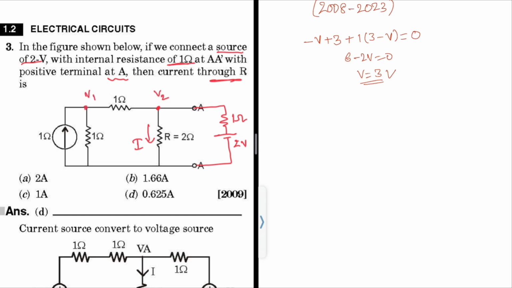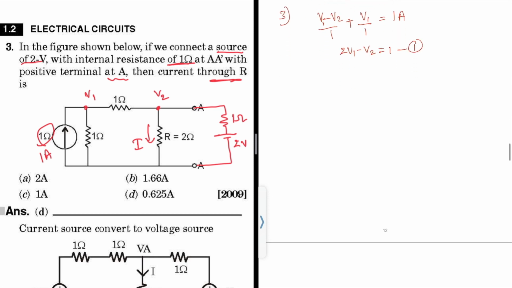Apply nodal analysis: (V1 minus V2) by 1 plus V1 by 1 equal to 1 amp. This is not 1 ohm, this is 1 amp. So 2V1 minus V2 equal to 1. Let it be equation 1.